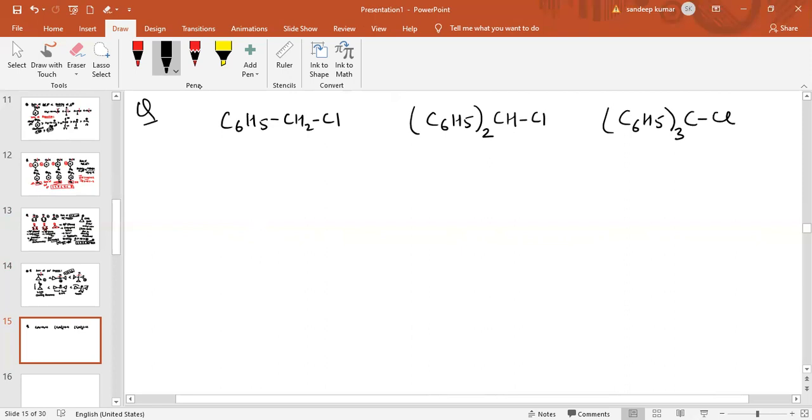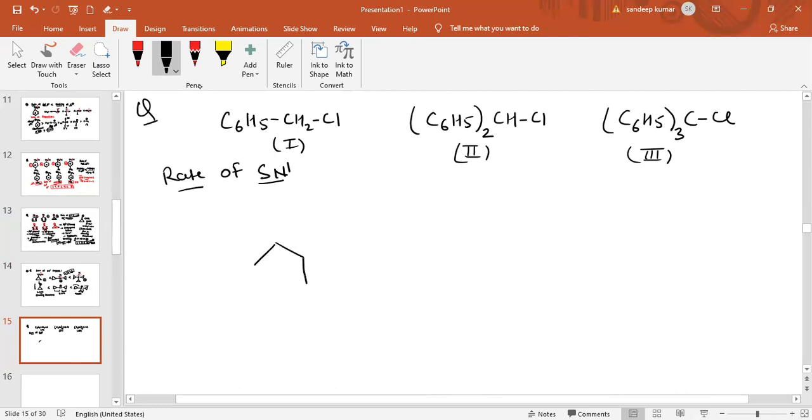These three compounds are given. This is the first compound, this is the second compound, and this is the third compound. We have to compare the rate of SN1 reaction. So what is basically the rate of SN1 reaction?